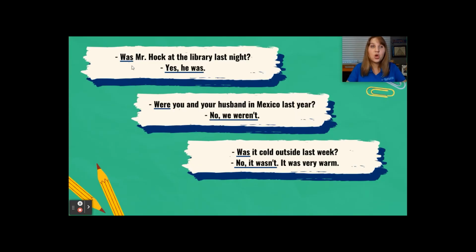And examples. Was Mr. Hawk at the library last night? Yes, he was. Were you and your husband in Mexico last year? No, we weren't. Was it cold outside last week? No, it wasn't. It was very warm.